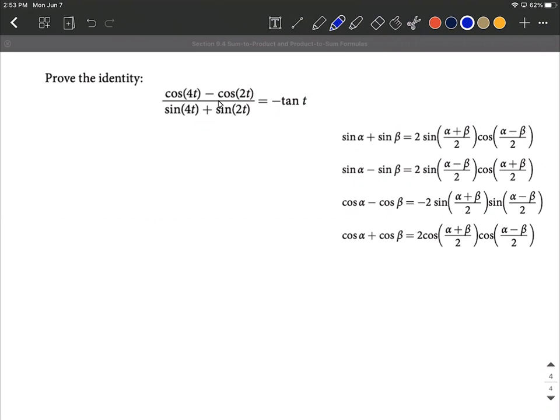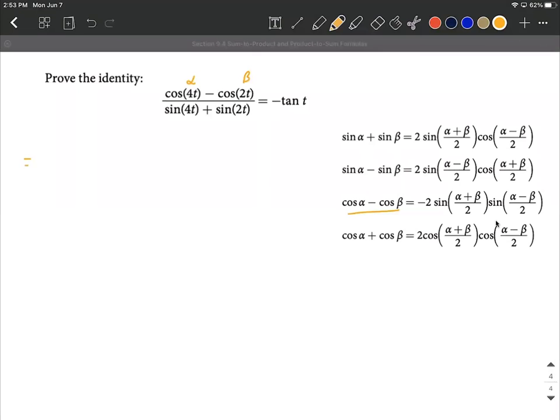So the numerator, we have a difference of cosine minus cosine. So what that's pointing me towards is I'm going to use this formula, the third one down, and fill into that for our numerator. So I'm going to identify that 4t is our alpha and the 2t is our beta, and then fill in to the right half.